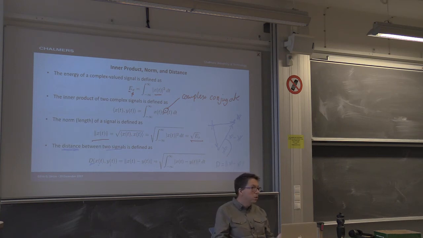It's simple geometry if you go back to your vector thinking. The distance between 2 points is the length of the difference between these 2 vectors. And it's exactly the same thinking here. The distance between 2 signals is the length of the difference between the signals. As a matter of fact, we can view signals as being vectors in an abstract vector space, which we will do a little bit later.